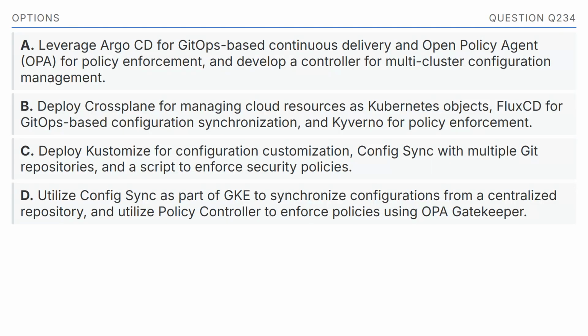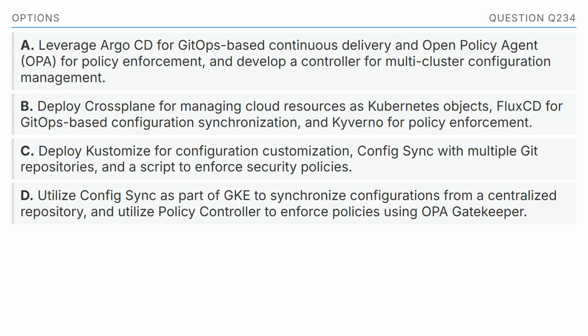The options are: Option A, leverage Argo CD for GitOps-based continuous delivery and Open Policy Agent, OPA, for policy enforcement, and develop a controller for multi-cluster configuration management. Option B, deploy Crossplane for managing cloud resources as Kubernetes objects, Flux CD for GitOps-based configuration synchronization, and Kyverno for policy enforcement.